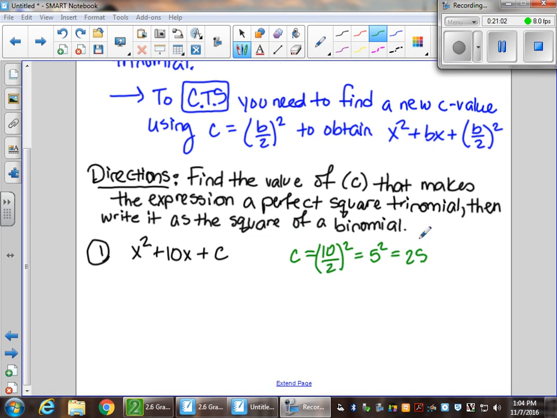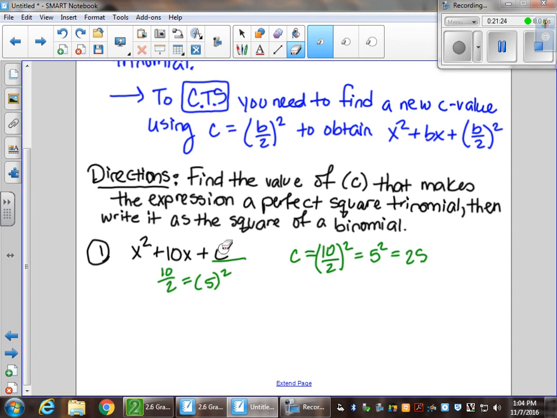This is how we would use this off to the side. But I would actually like us to have a habit of going right underneath where you see B and doing it right there. So 10 divided by 2 is 5. Squared is 25. So if we were to make this an empty spot where C is, 5 squared is 25. So that's the answer that goes right there.